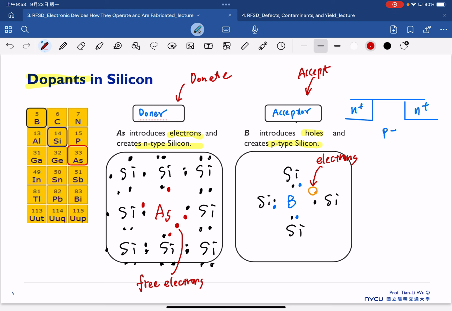Once we introduce boron into our silicon material, because the boron only has 3 electrons in the outer shell, the boron will create 1 empty space, and this empty space will allow the boron to accept an electron from somebody. This electron accepting also means hole generation.